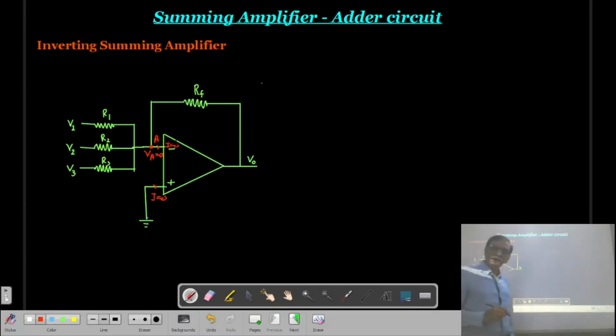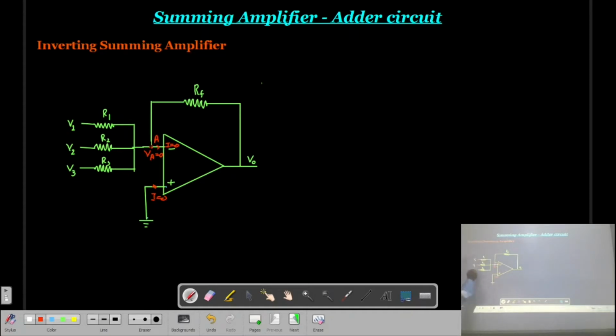We have considered an ideal operational amplifier, so the input resistance is very high, and due to that the potential at this point and the potential at point A will be the same. So the VA potential is going to be zero.